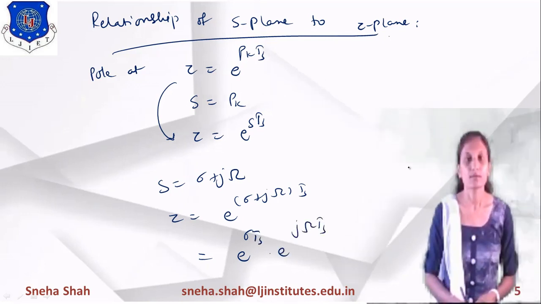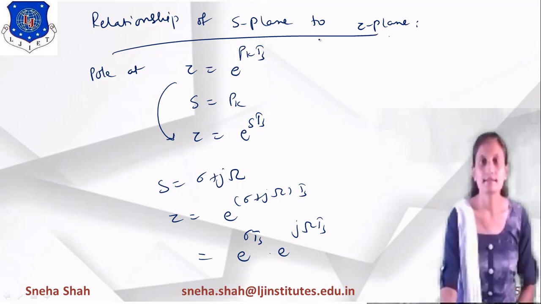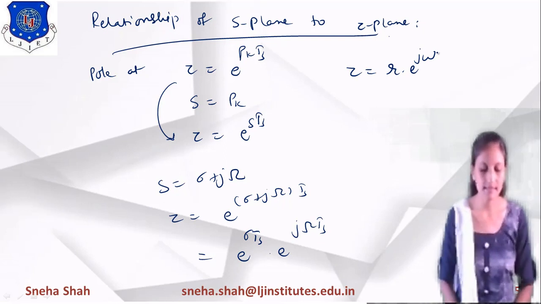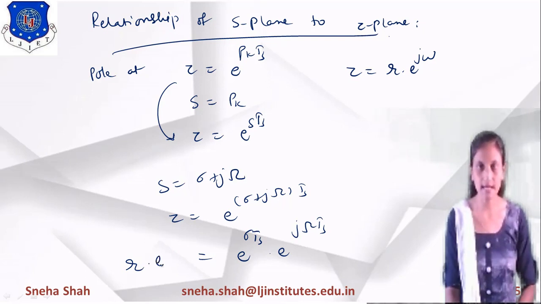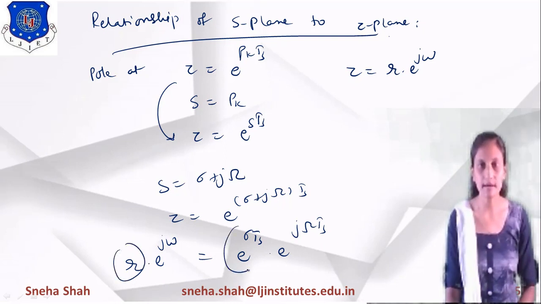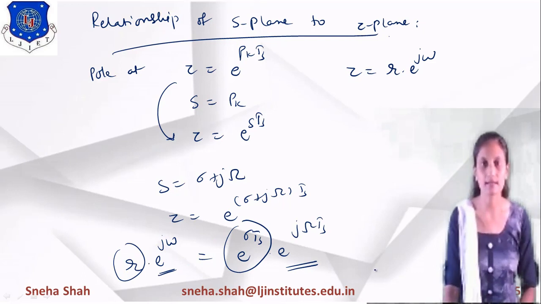Right. Now if we represent z equals r into e raised to j omega, that is in polar form, then we can replace z: instead of z I am writing r into e raised to j omega, right? Now if I am equating these two terms, you can say that this real part equals this real part and this imaginary part equals this imaginary part, right? So if I am equating these two terms, then I can say that the value of r equals e raised to sigma ts.